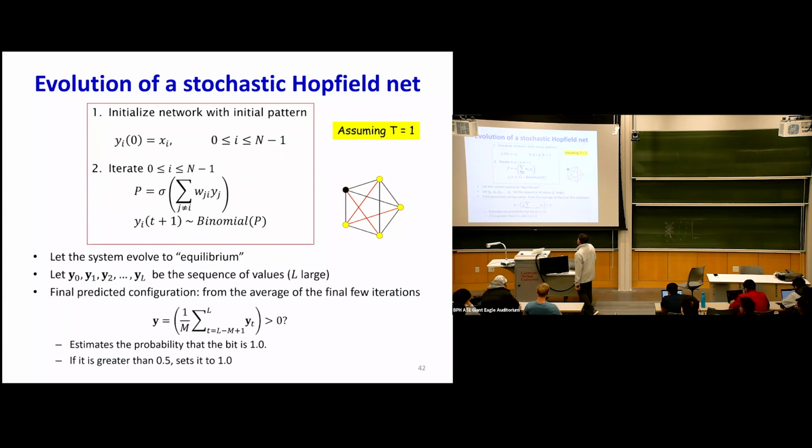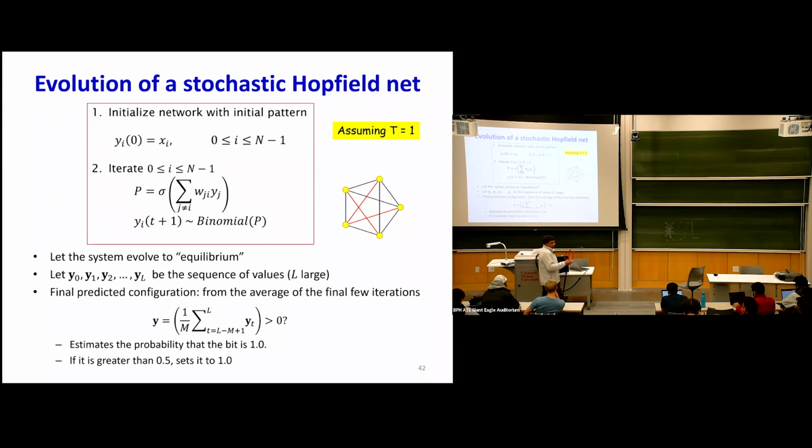So let's look at this. What I can do is just let the network run for a very long time. And then at some point, I'm going to say over here, I believe the network has achieved equilibrium. From that point on, I can look at the state of the system for a large number of time steps, 5, 10, 15, 100, whatever. And then I'm going to get 100 different states.